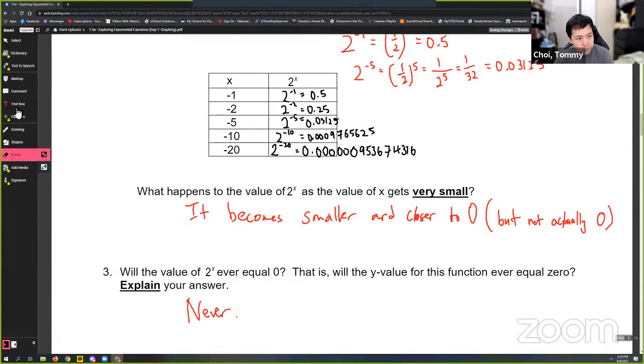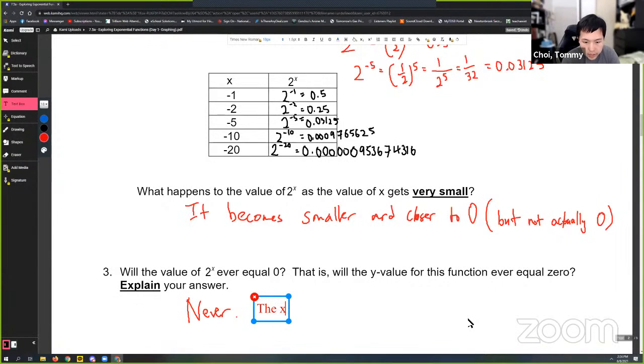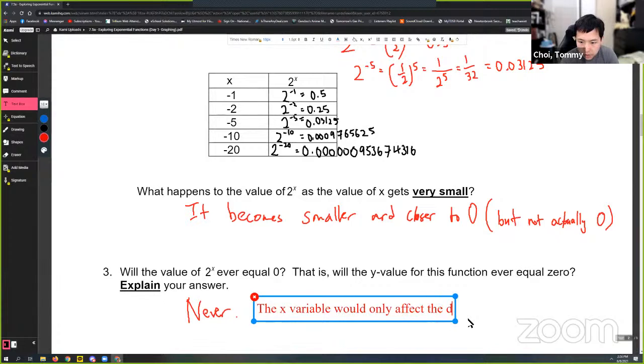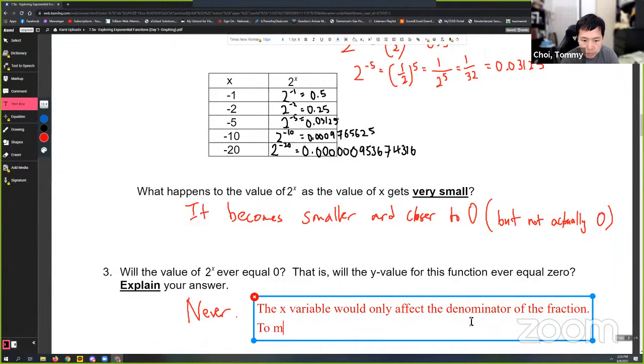Might be faster. So the reasoning, just to re-explain, the x variable would only affect the denominator of the fraction. To make a fraction equal to 0, we need the numerator to be 0.